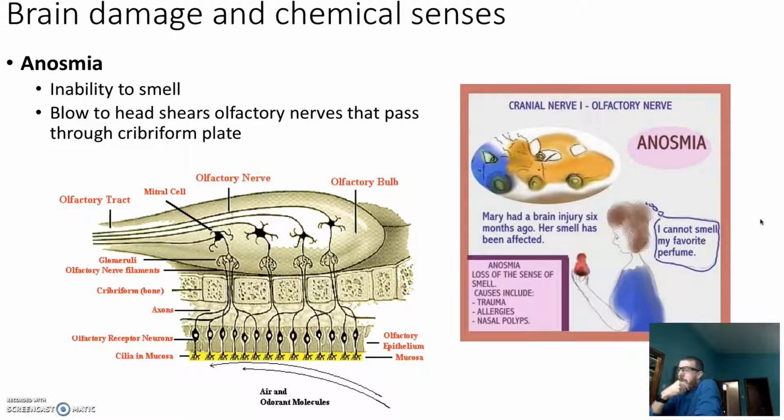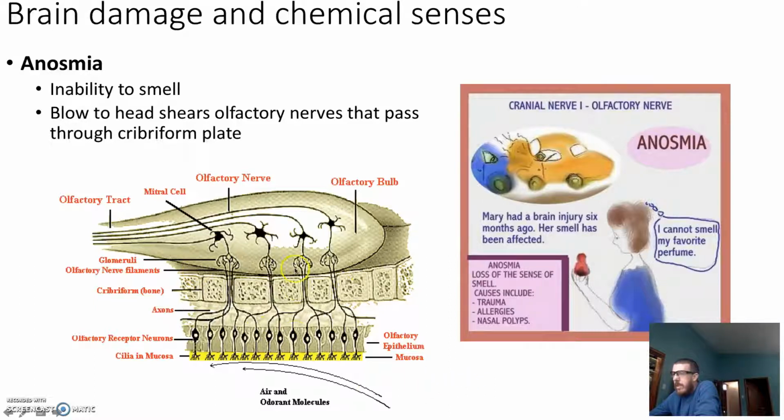We can get brain damage that can lead to disorders of smell and taste. And one quite common one is suffered when we get a blow to the head. And a blow to the head can shear all these axons that are going through the cribriform bone here and can cut all the axons off.